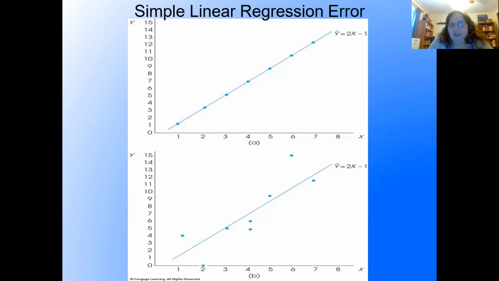And second, SPSS is always going to give you a prediction equation. You could have a big old blob of dots that means nothing, and it will give you a prediction equation. It'll put a line through them. So we have to have a way to evaluate whether our regression line is a meaningful representation of our points, of our data.